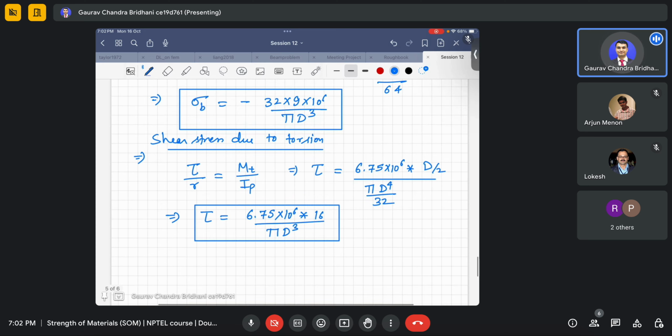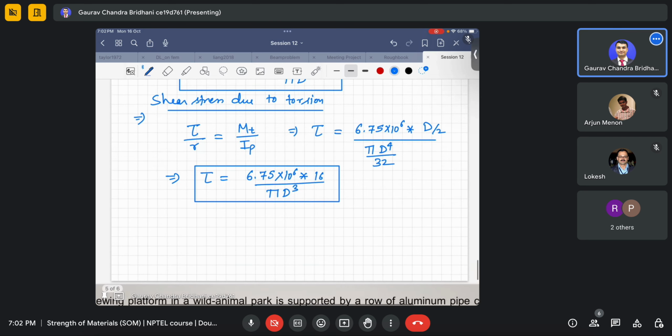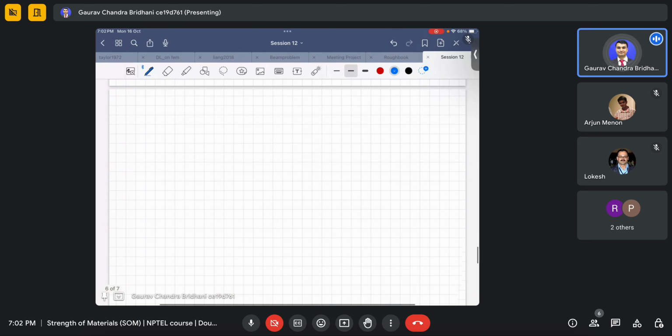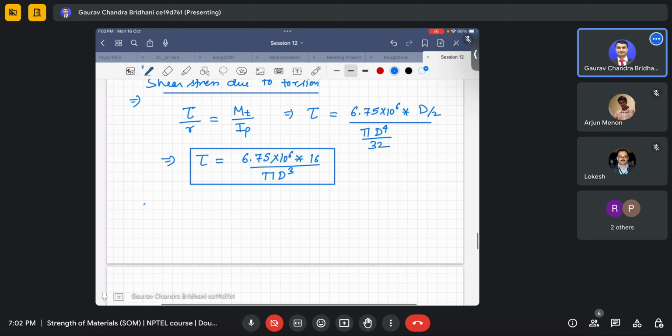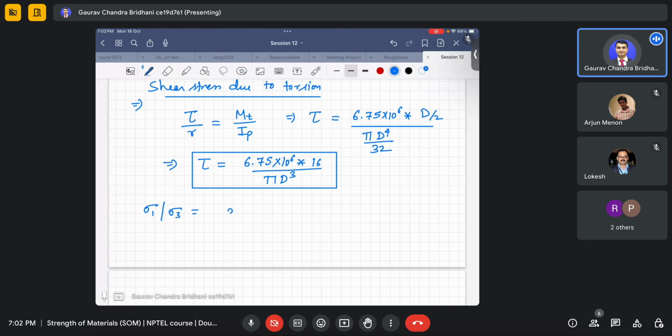So we have found sigma b and we have found the value of tau. Now we need the values of sigma 1, sigma 2 and sigma 3. For this case, sigma 1 and sigma 3 are defined as sigma b by 2 plus minus the square root of (sigma b by 2) whole squared plus tau squared.